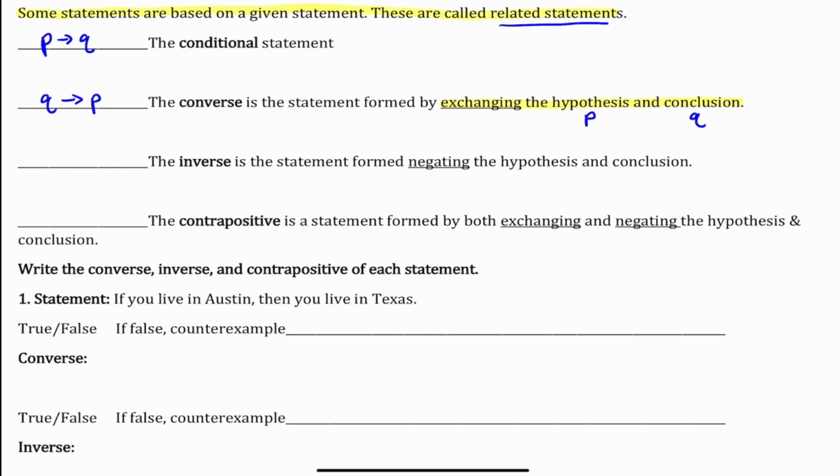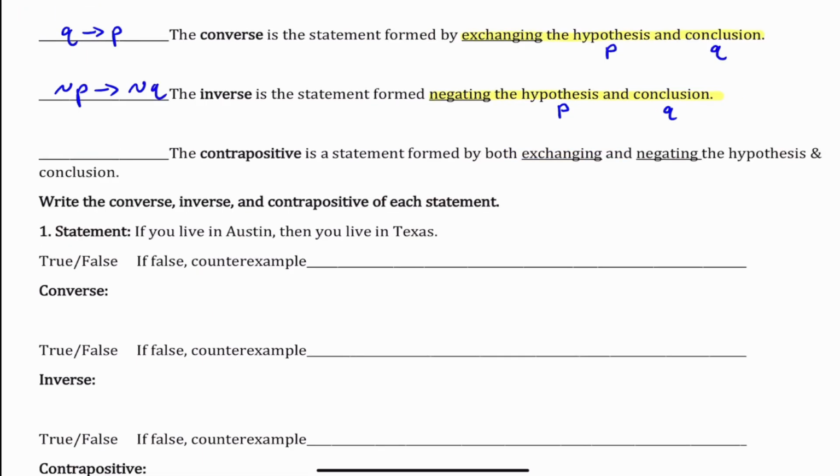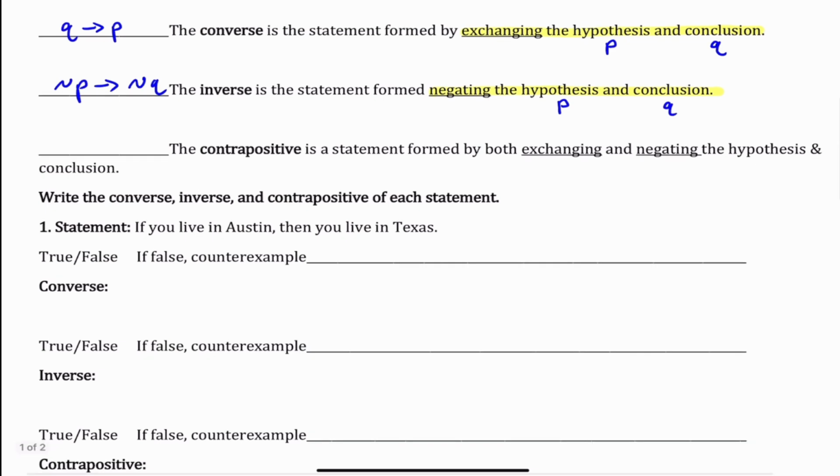The inverse is the statement formed by negating the hypothesis and conclusion. So remember, the hypothesis is P and the conclusion is Q. All I need to do here is negate the P and the Q. So this would be, if not P, then not Q. The contrapositive is a statement formed by both exchanging and negating the hypothesis and conclusion.